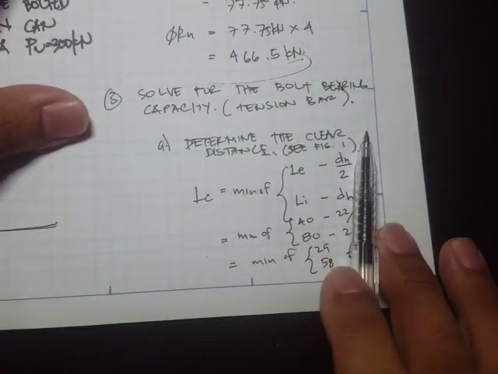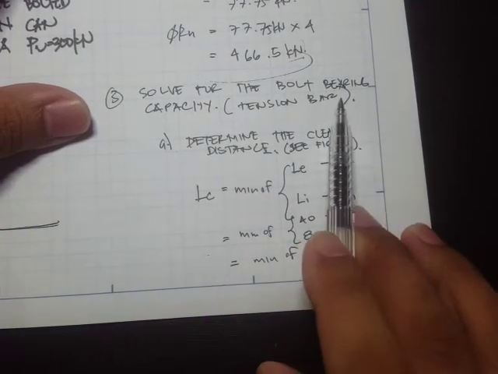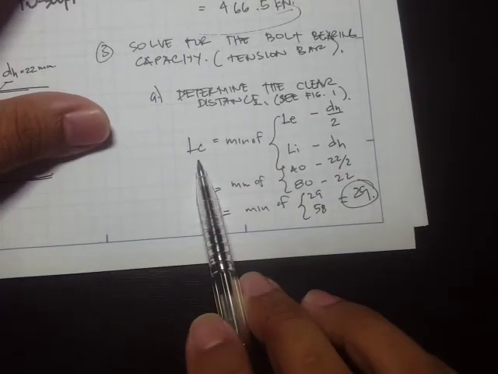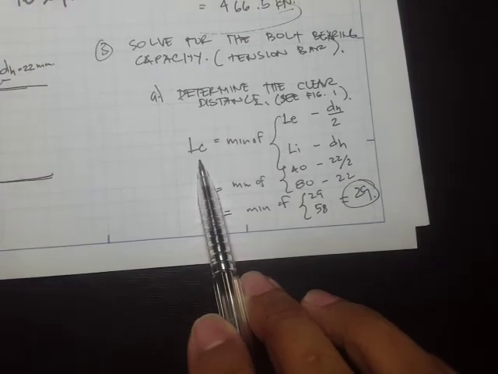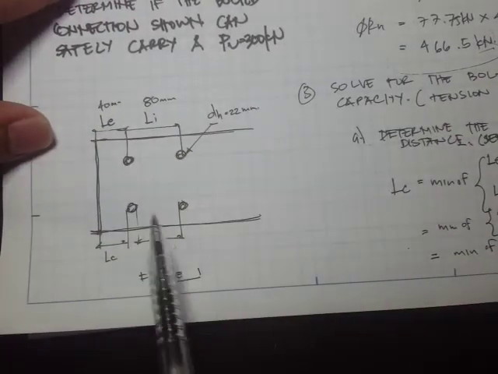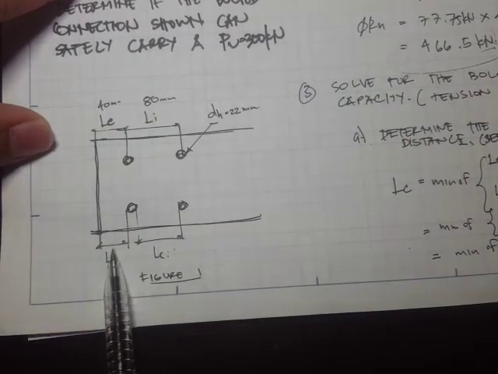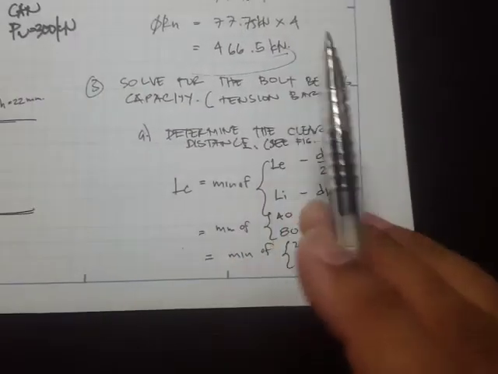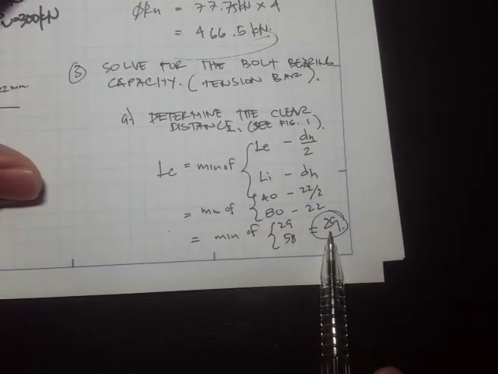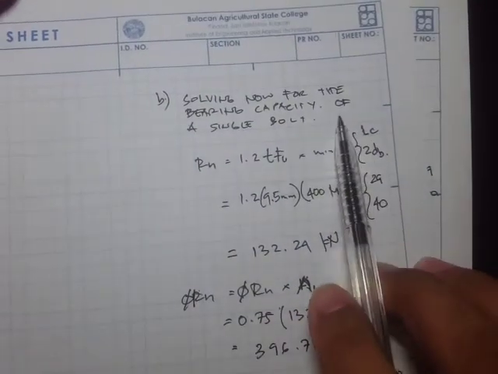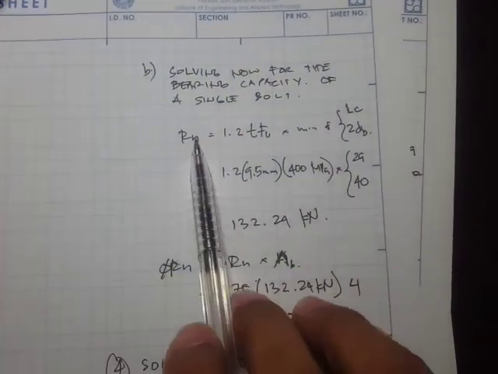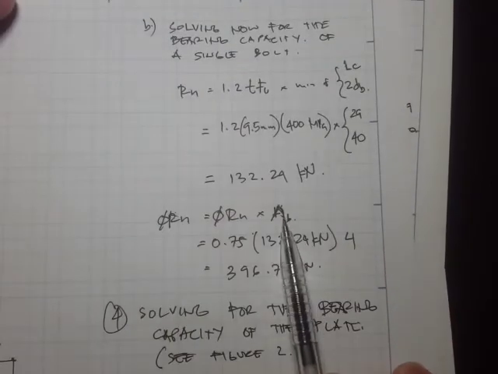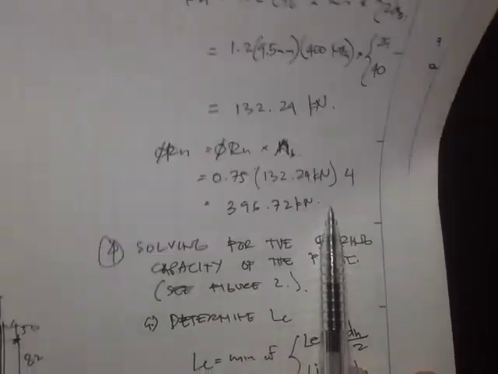Okay, so the first step in determining the bearing capacity is to find the clear distance, the governing clear distance. So that's the distance right here. Whichever is the smallest, that's the one governing the equations. Okay, so you obtain a value of 29. After that, we solve now for the bearing capacity of a single bolt, and we just apply the equation, then we multiply that to the number of bolts, and you get this.